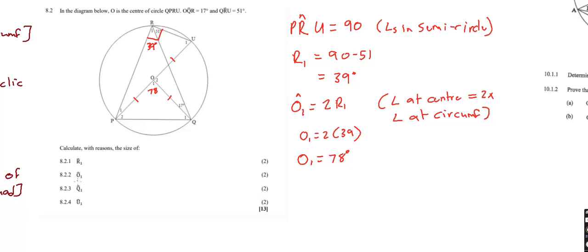The next question they are asking is for Q1. Remember, OP and OQ, sorry, these are equal to each other. This means that P2 is going to be equal to Q1.